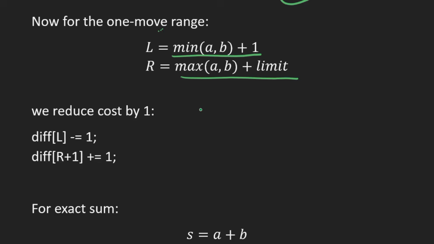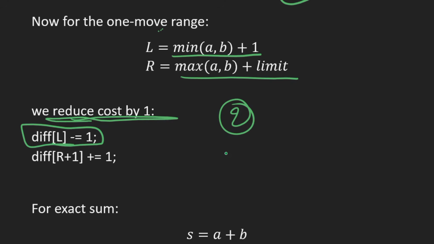So now for the left range, we have assumed that these require two moves, but these sums require only one move. So we reduce the cost by 1. So we put minus 1 at left range, and at right plus 1 range we again add 1, right?